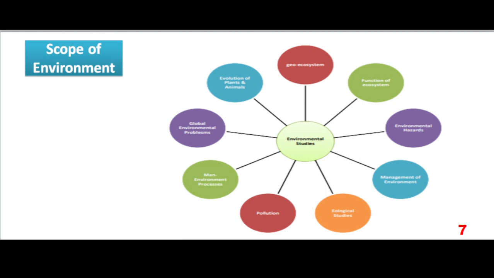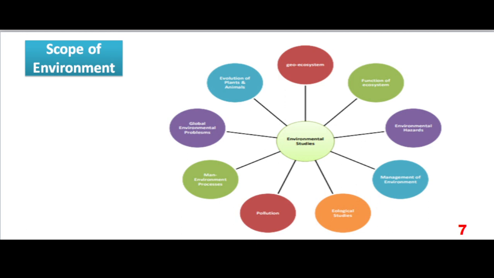Then ecological studies. This field focuses on the relationship between organisms and their environments, often at a detailed or local scale. For example, studying the interactions between bees and flowering plants in a specific region to understand pollination dynamics.